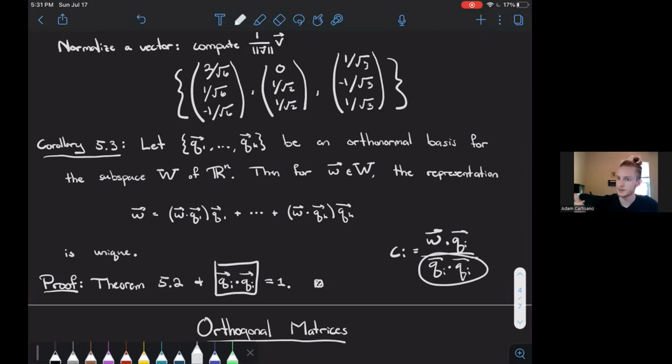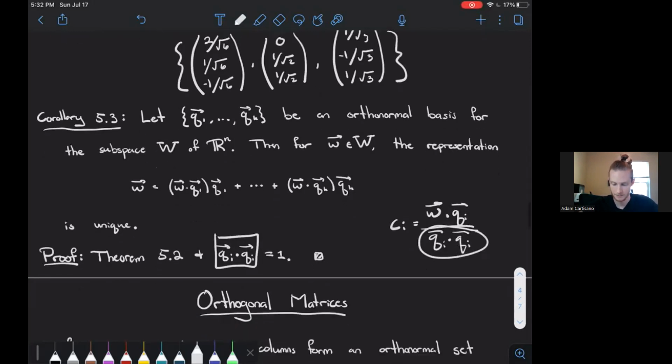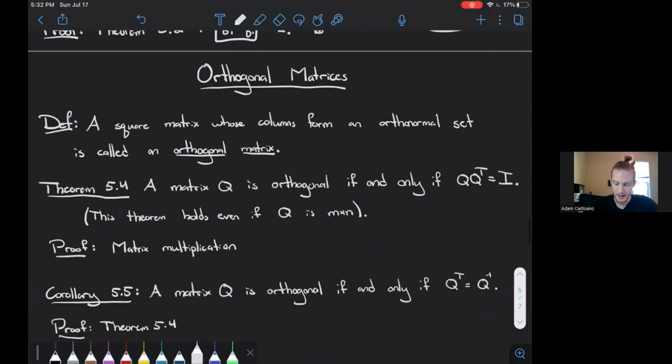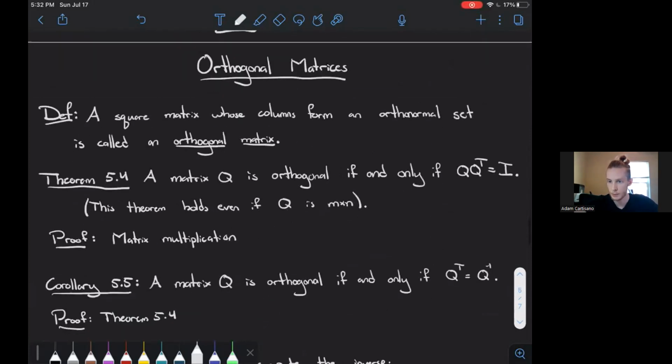It's even easier than the other one. So computing the coordinates of a vector given an orthonormal basis in some subspace is literally just several dot products in a row. It's pretty nice. Okay, and we can do better.